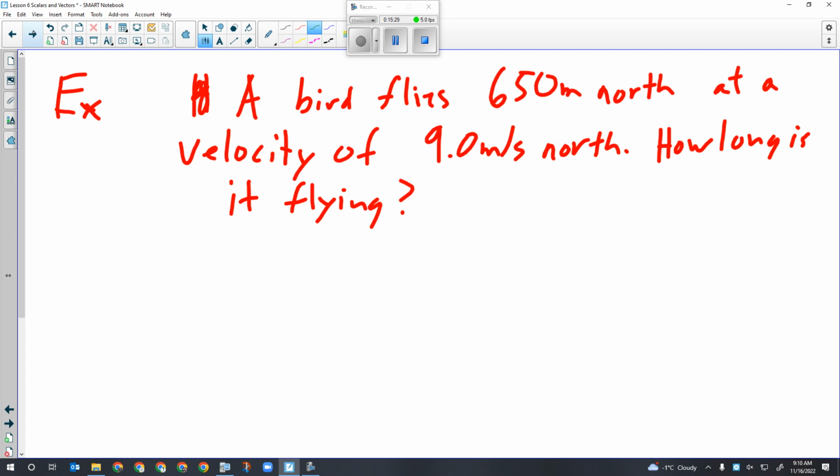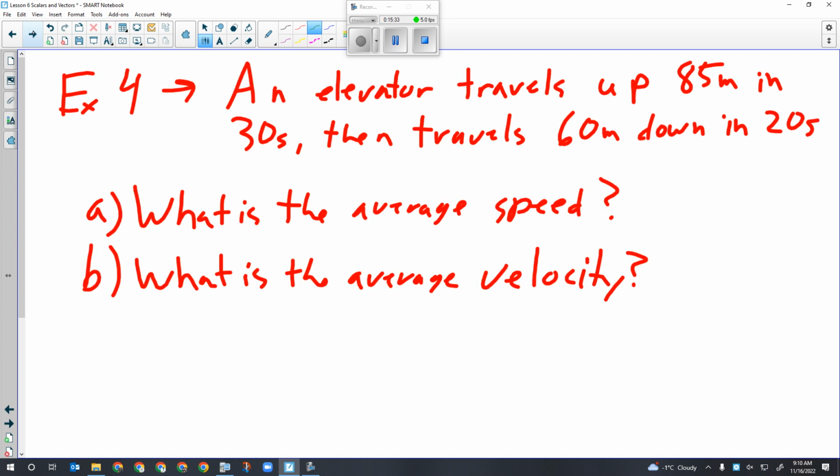Okay, let's try this one. Like the one we started with. Elevator traveling up and down. Looking for average speed and average velocity. On this one, again, we want to write down our givens according to the parts of the trip.